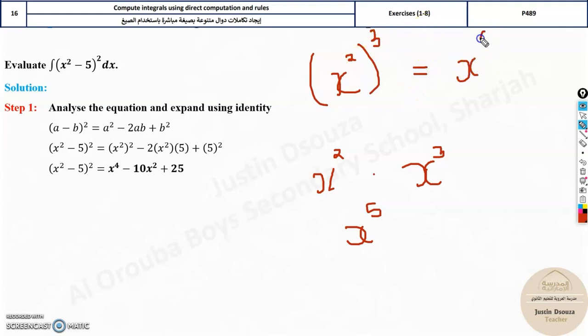It will be x to the power 6. Here it is 2 power 2, so even if you add or multiply, it's going to be the same answer. But you need to remember this. When you're powering an already powered term, it'll be multiplication. In the other case, it is addition if you're just multiplying the terms together.